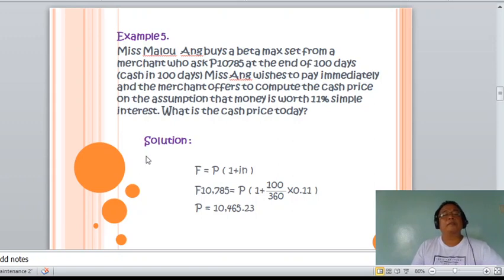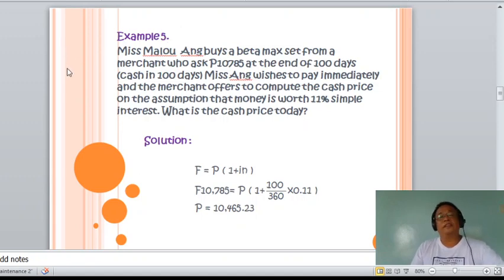Determining the present amount. Okay, so we have already an example for an ordinary simple interest and another for an exact simple interest. So in this example, Miss Malu Ang buys a Betamax set from a merchant who asked 10,785 at the end of 100 days.